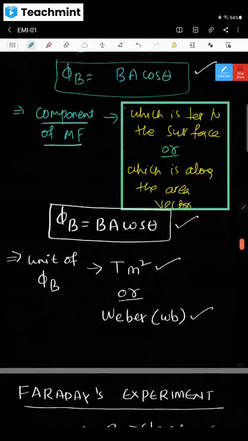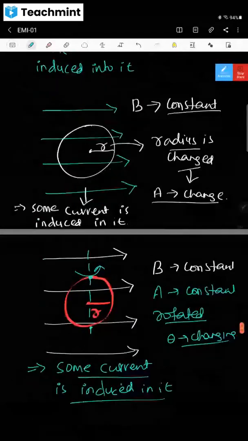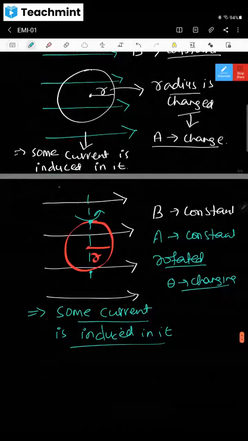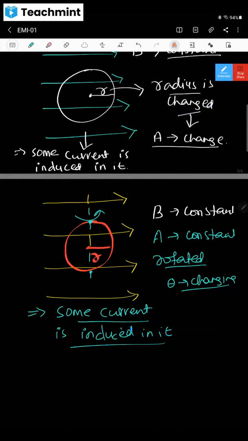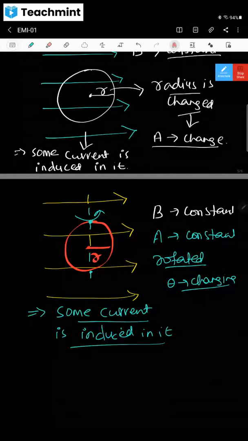The magnetic field is flowing from left to right, in this direction, there is no issue with that. And this circular loop is also there inside, and as it is rotated, theta is changing continuously, so that's why this current is also coming into it.